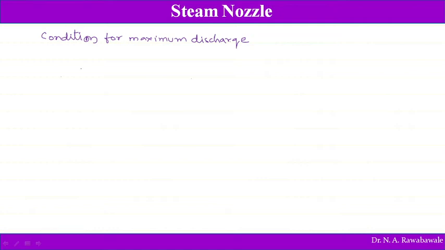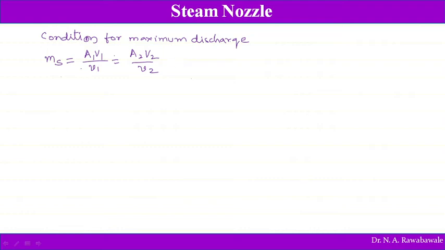The flow of steam through the nozzle is given by mass flow rate, ms, which is equal to A1 V1 divided by small v1, which is equal to A2 V2 divided by small v2. This is known as the continuity equation or mass flow equation.